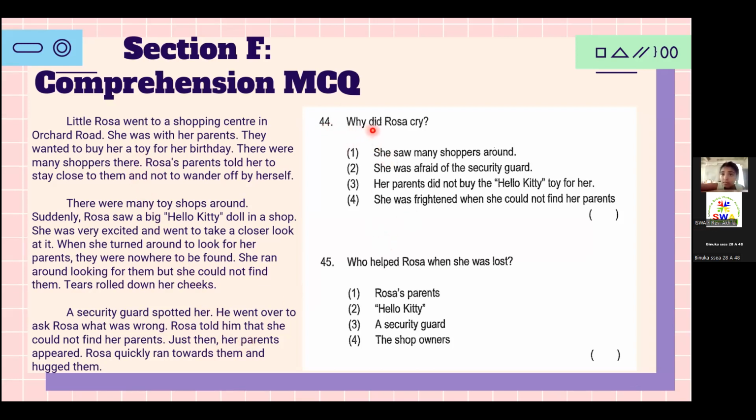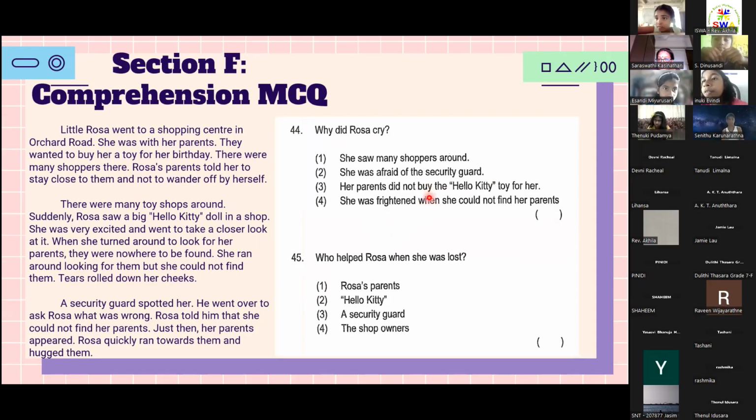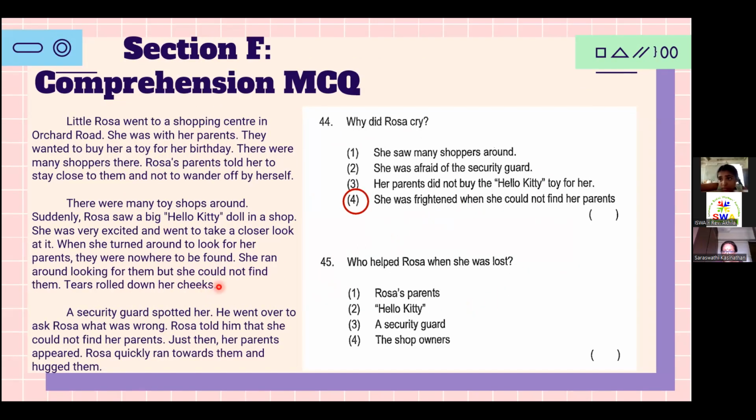Number 44. Why did Rosa cry? Can anybody answer? Why did Rosa cry? Teacher, can I answer? She was frightened when she could not find her parents. Yes, she was frightened when she could not find her parents. Very good. Number 45. Who helped Rosa when she was lost?